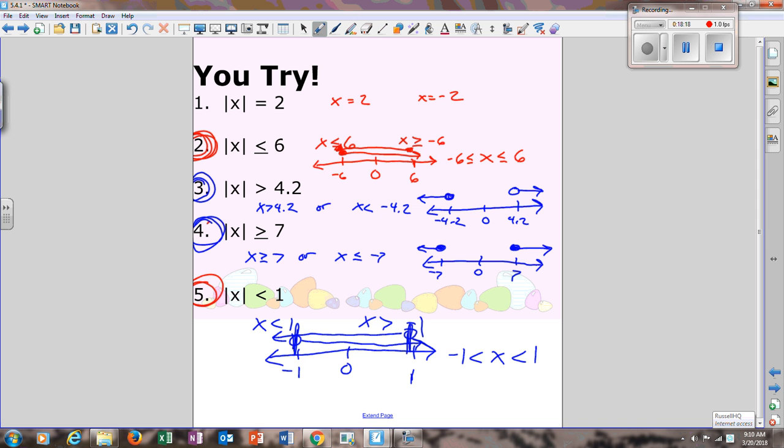Our pattern here is going to be, if we look at number 2, that had a less than. It ended up being an AND question. Look at number 5. It was a less than.